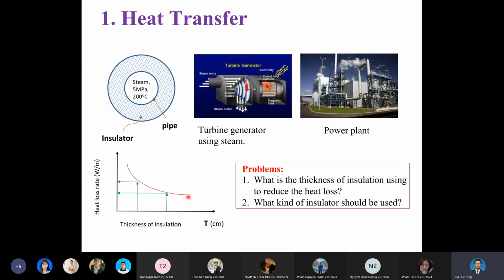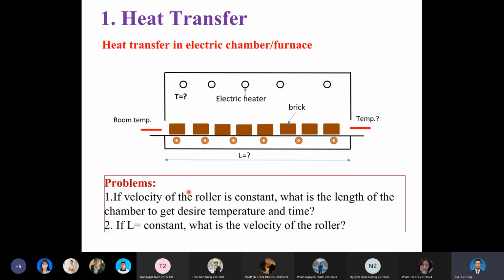But after a certain thickness, the heat loss will be constant or minimized. So as engineers, we have to find this minimum value.